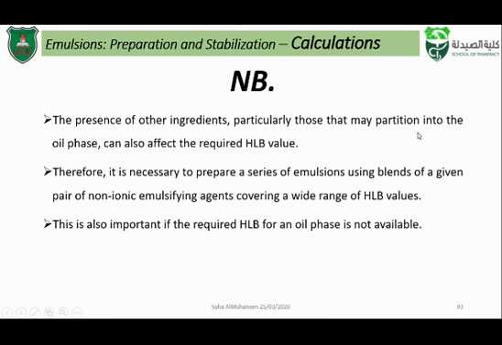There are some ingredients in emulsions that do not have required HLBs but do partition into the oil phase, and this will affect the required HLB, but we will not be able to calculate it, as they do not have required HLBs. Therefore, it is necessary to prepare a series of emulsions using blends of a given pair of non-ionic emulsifying agents covering a wide range of HLB values.